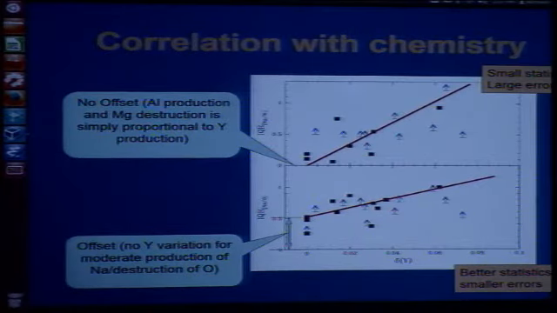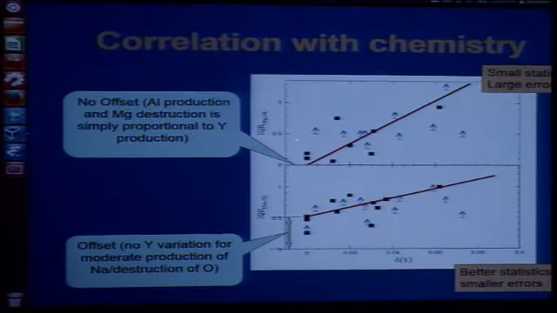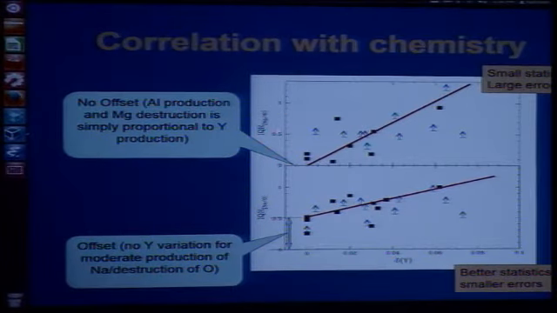Okay, so what we can do now is to look at the correlation with chemistry. In this case, we use the maximum value of the bluest stars on the horizontal branch and see the bluest versus the reddest and see what happens. And what happens is that there is a correlation of this delta Y against the values of the interquartile of the relation.